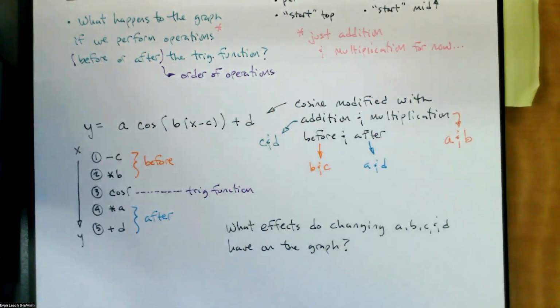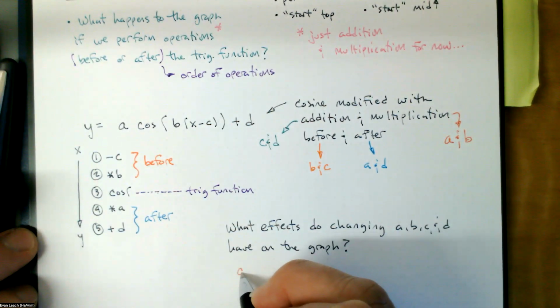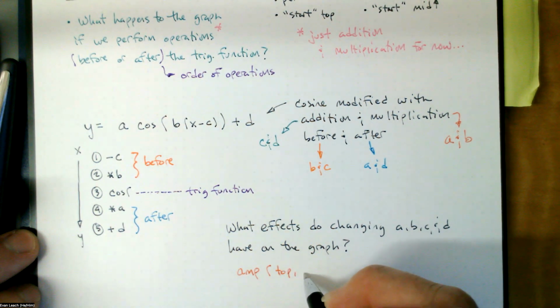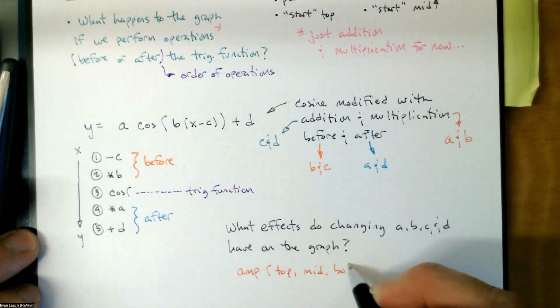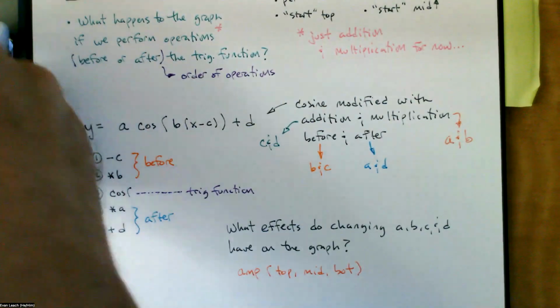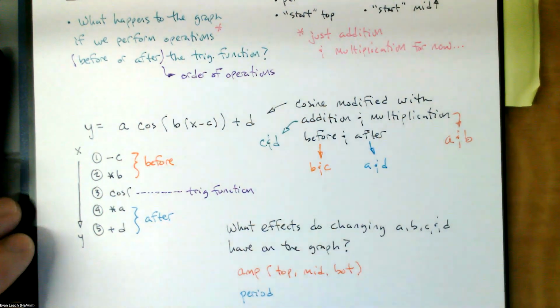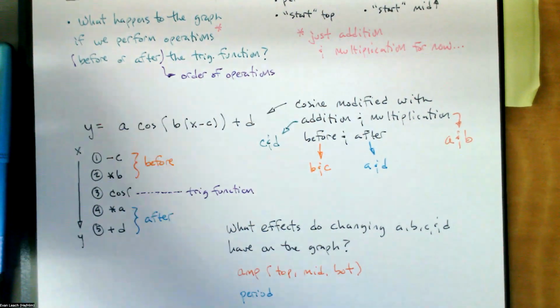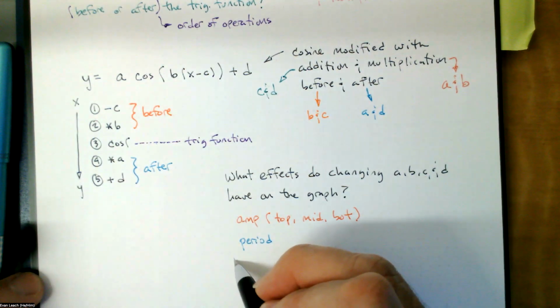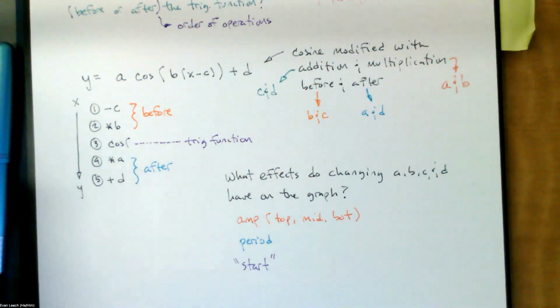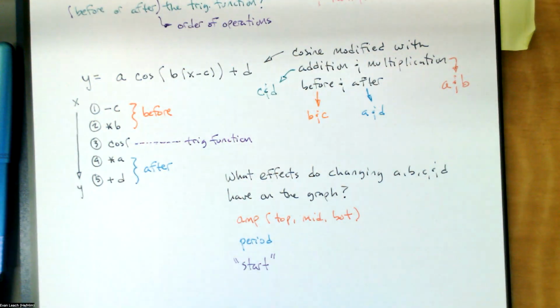So the things that we care about are the amplitude, and that includes the top, middle, and bottom, and the period, and the start. That's what we want to know.